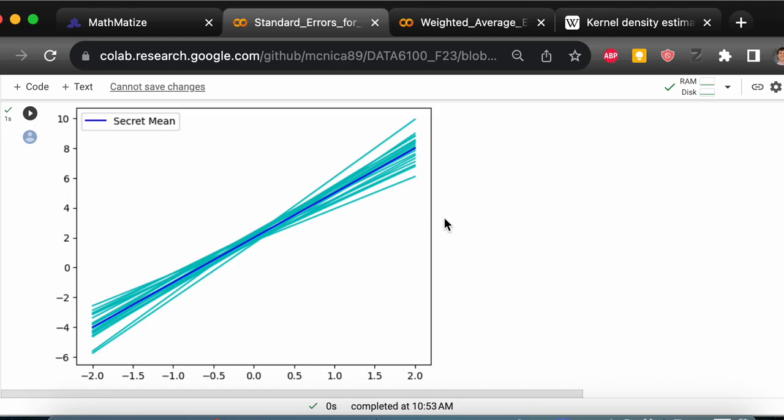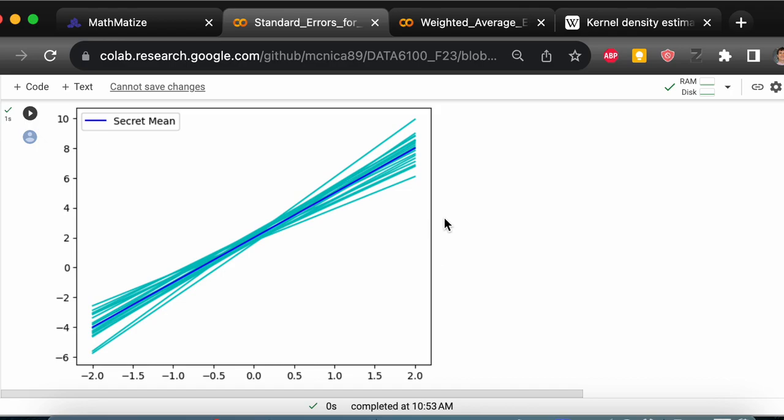So here I've reran the experiment, I think 20 times, just like we redid the experiment 20 times for the Gaussian dice rolls, and you get 20 different lines, right? So that red line was one of these possible samples. And the standard error should tell you how much variability is there in the slope and the intercept. So you get 20 different things when you run the experiment 20 times.